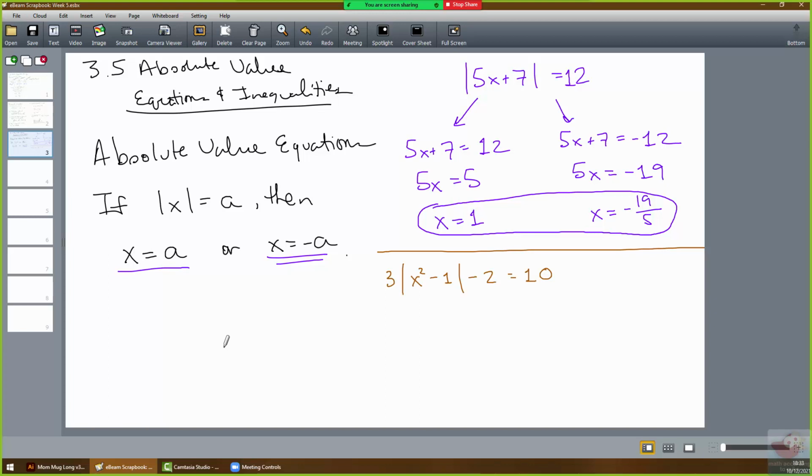But working outside in, we have to do what to that 2? Add it to each side. Yep. Excellent. So if we did that, what number is on the right-hand side? 4, right?